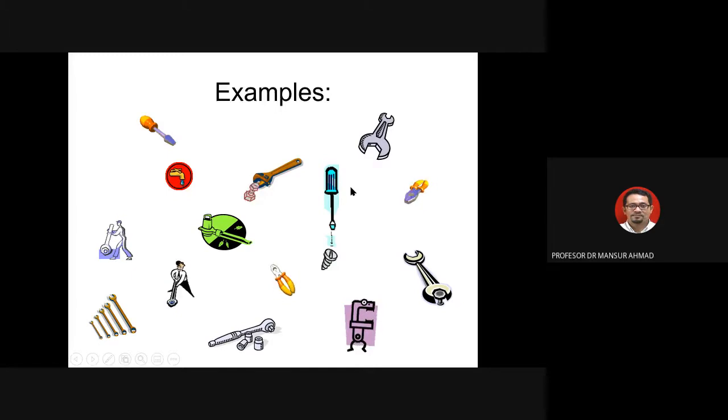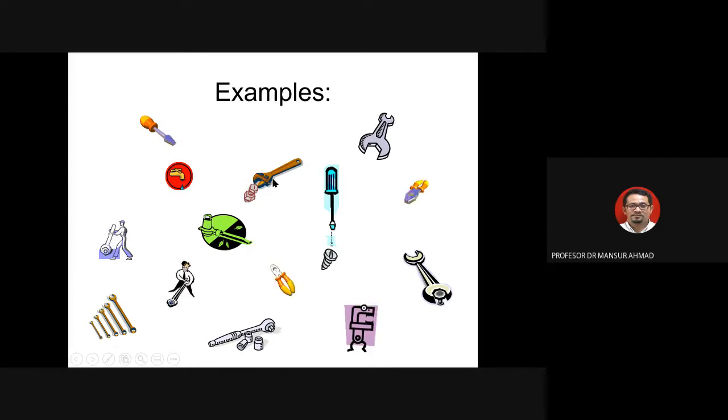Yeah, for example here, when you use a screwdriver, you are applying moment on the screw. Kalau you tak apply moment pada screw, macam mana screw tu nak pusing? Kalau you tak pusing, you cuma tolak-tolak, dia tidak akan berpusing to tighten it up or to loosen it up. Like this spanner here.